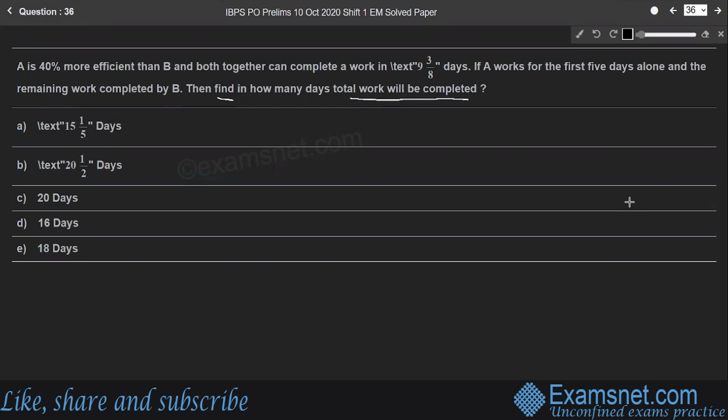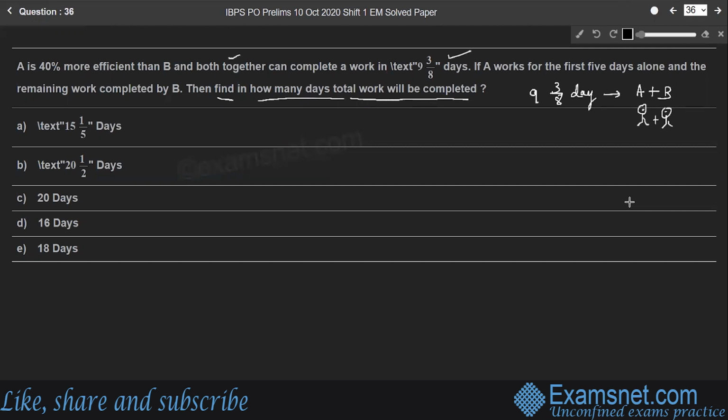It is given that A and B, when they start working together, take 9 integer 3 by 8 days. So this time, 9 integer 3 by 8 days, is the time taken by A and B together. In order to answer the question, we have to find the time taken by A separately.